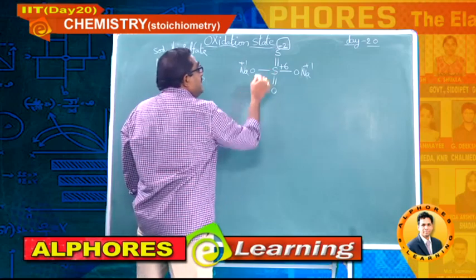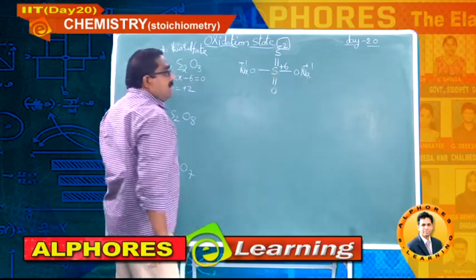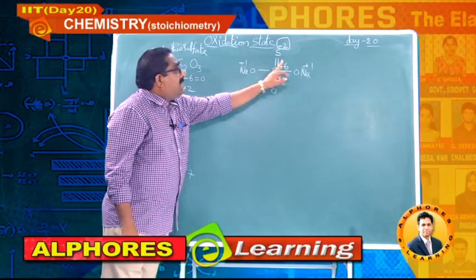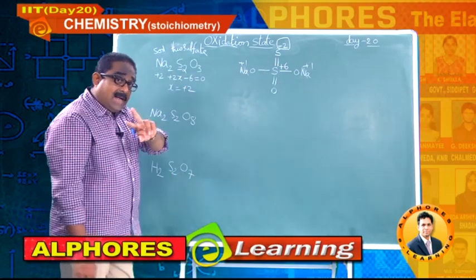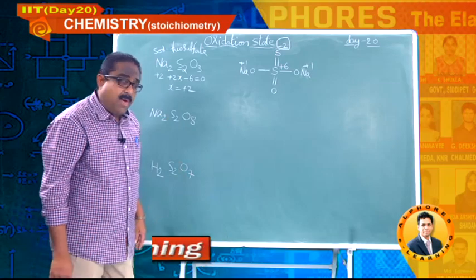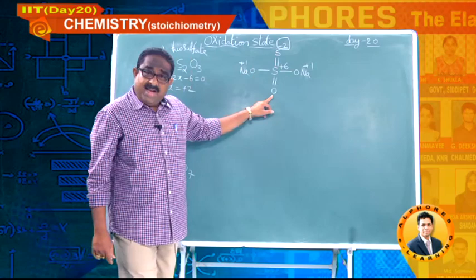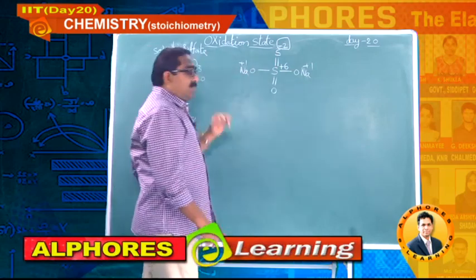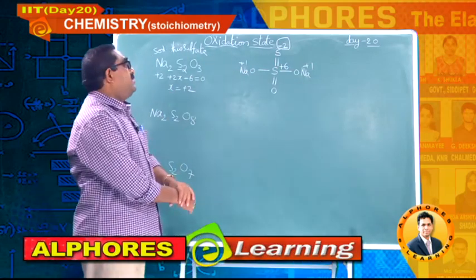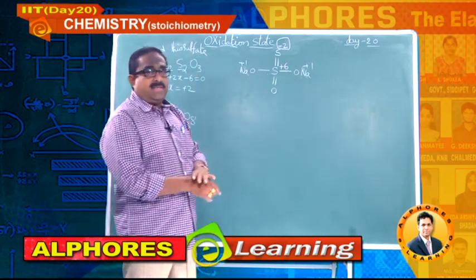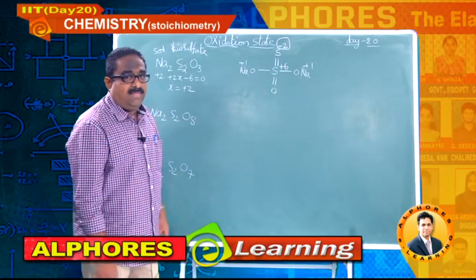This is the central sulfur, bonded to a total of 6 bonds it is forming. You can assign +6, or you can solve the net charge also, no problem. -2, -2, -2, -2, total -8, and 2 +1s, +2. If you equate to 0, it becomes +6, or with 6 bonds you can take it as +6. Anyway, you can fix it.